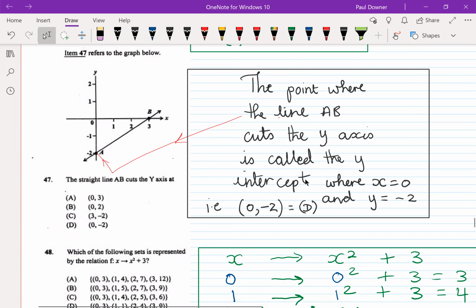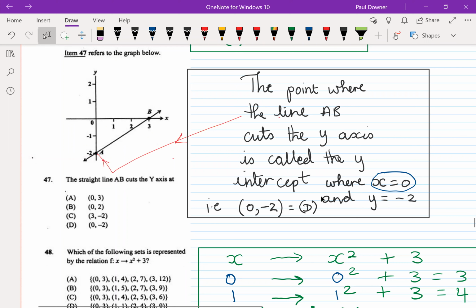And always remember, wherever the y-intercept is, x is going to be 0. This is very important. X is always going to be 0 at that point where it cuts the y-axis. Because to get there, you don't have to go left, you don't have to go right. That means 0. X is 0, and then you just state the y value. So x is 0, and y is going to be what? Minus 2. Y is minus 2.